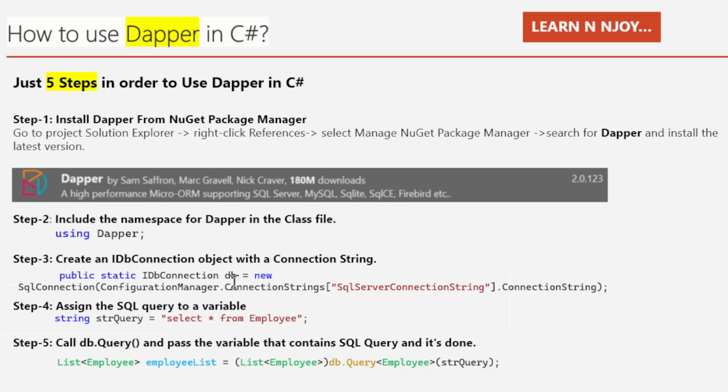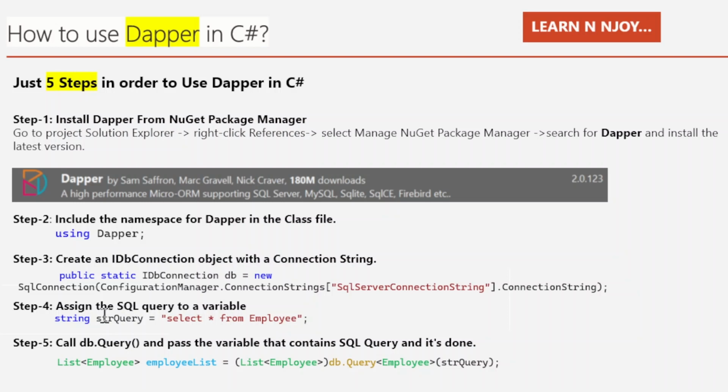Here the IDbConnection interface represents an open connection to a data source, implemented by the .NET Framework. So every database provider extends this interface for their database, for example SQL Server, Oracle, MySQL, SQLite, etc.